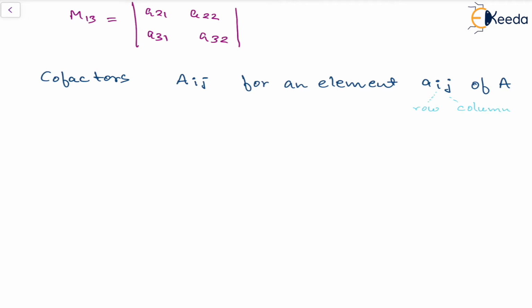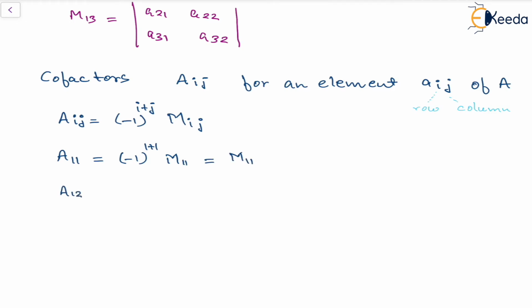So this cofactor Aij can simply be given as minus 1 to the power of i plus j times the minor Mij. That is, let's say if we are trying to find the cofactor A11, this should be minus 1 to the power of 1 plus 1 times the minor M11, which will simply be M11.